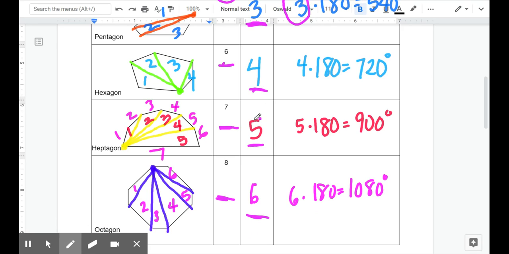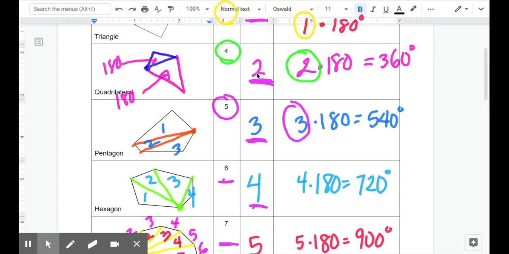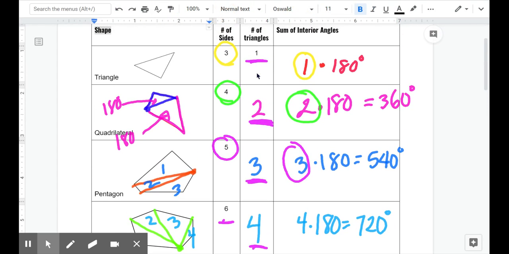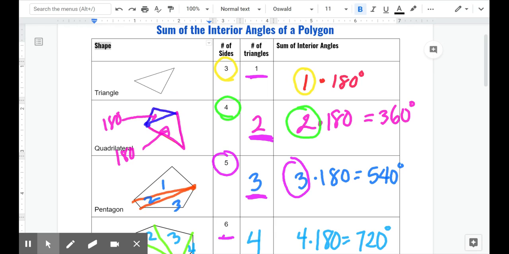What's the pattern here? What's the relationship between 8 and 6, 7 and 5, 6 and 4? Well, I'm hoping that you have figured out by now that what I'm doing to get from the number of sides to the number of triangles is subtracting 2.